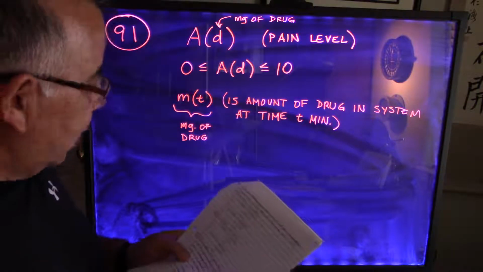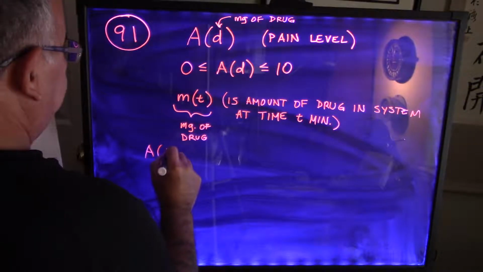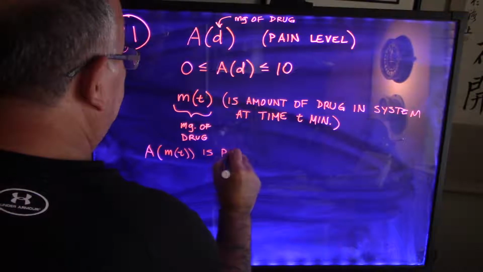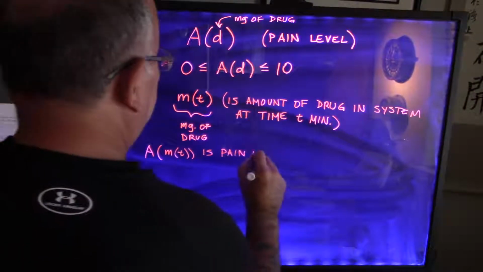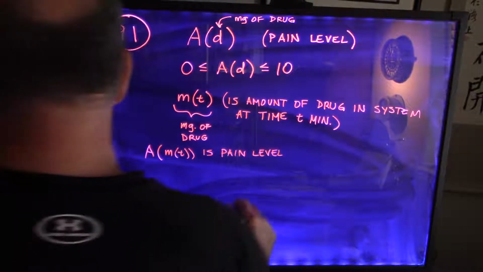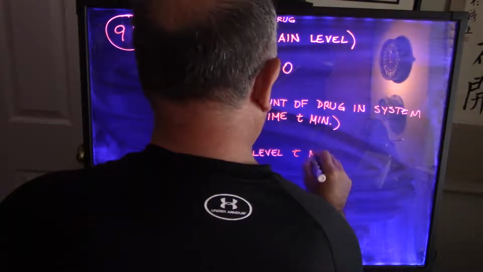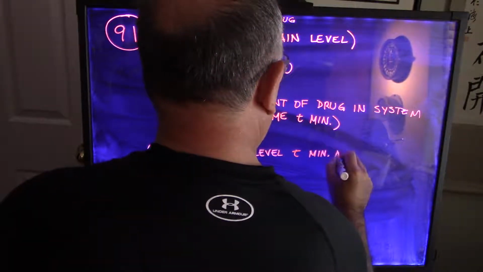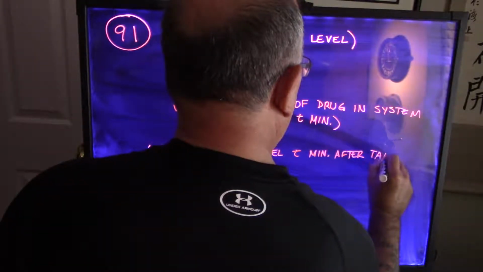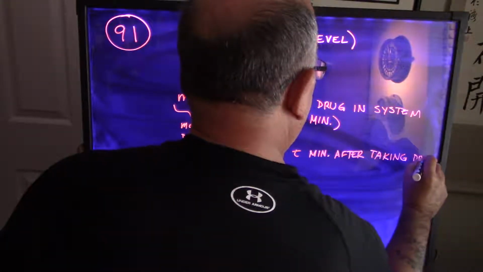So A of M of T is the pain level that's T minutes after taking the drug. Does that make sense to you?